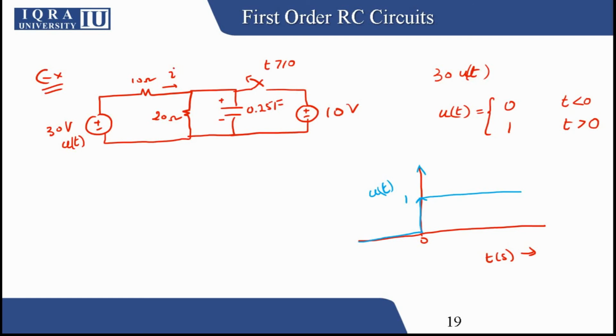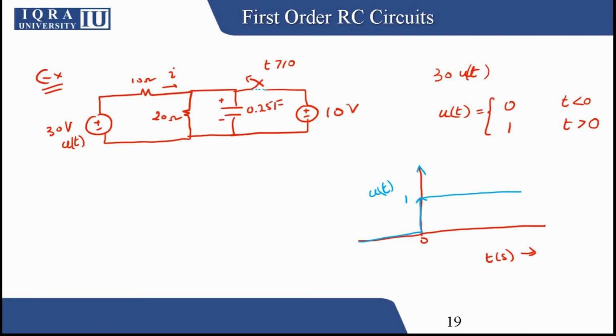This means that when we multiply with this function, below 0, when the switch is closed, the u of t is 0. This means this voltage source is 0.